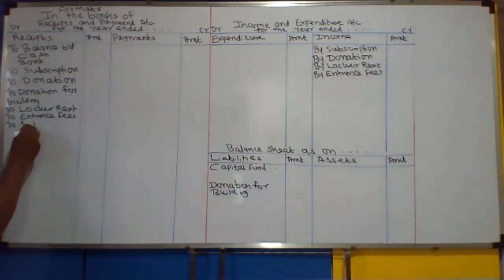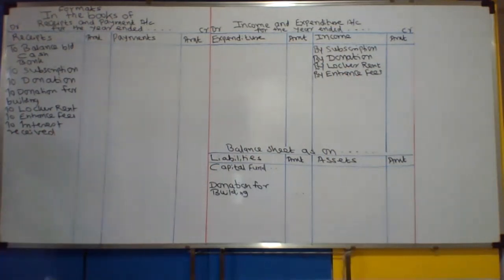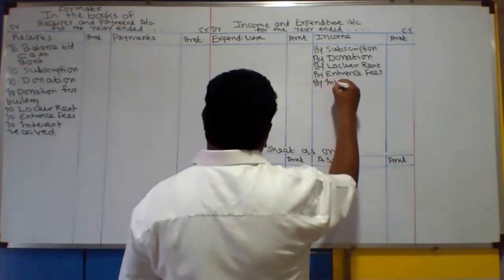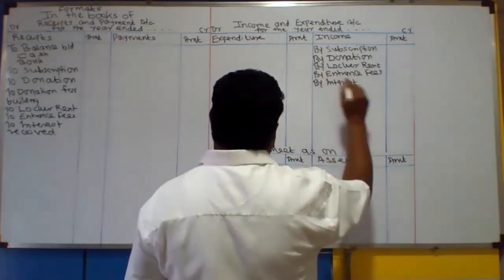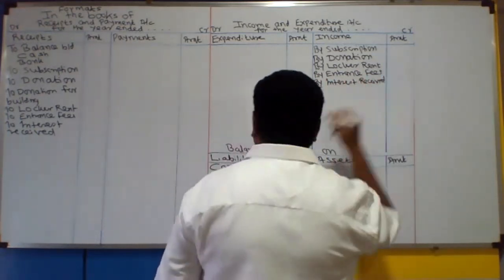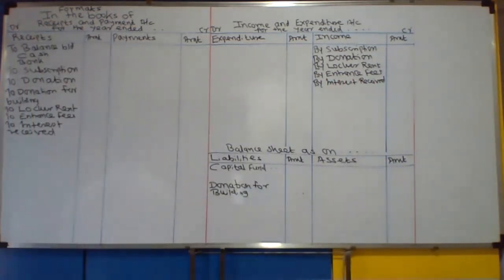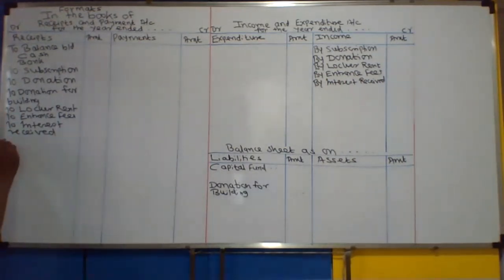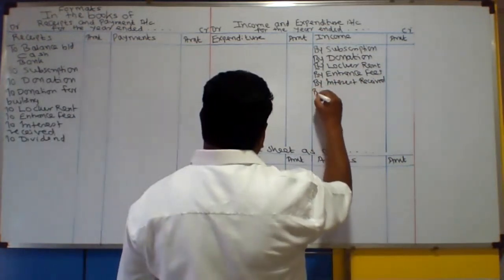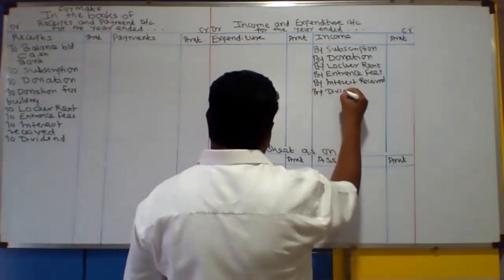Then interest received. Here it is by interest received. Okay. Dividend received. To dividend. It is the income by dividend.